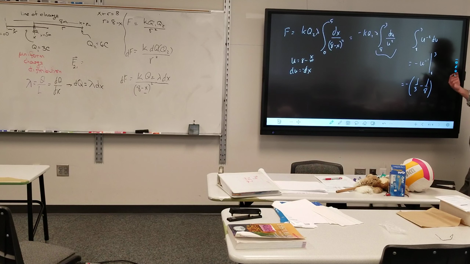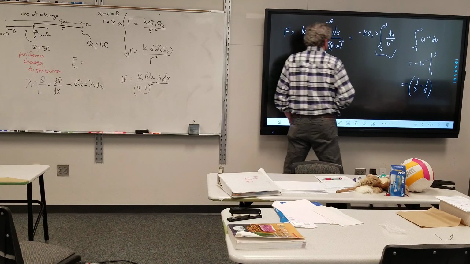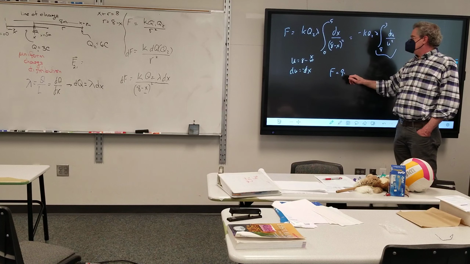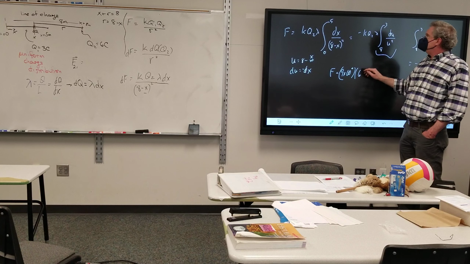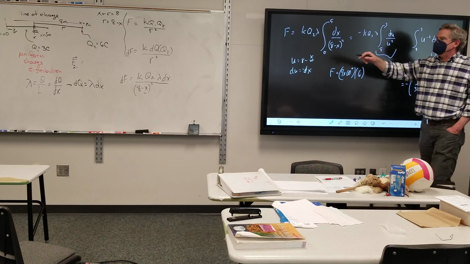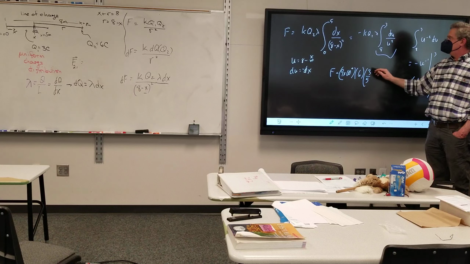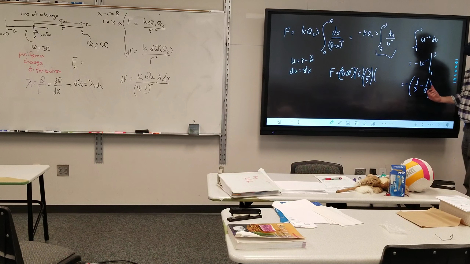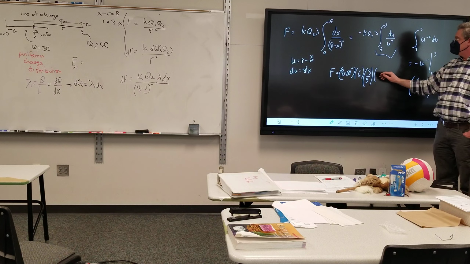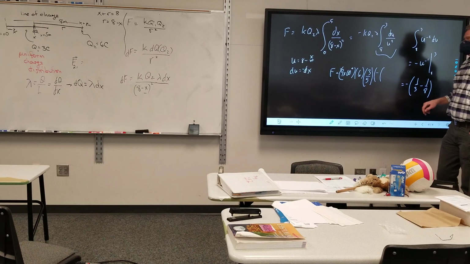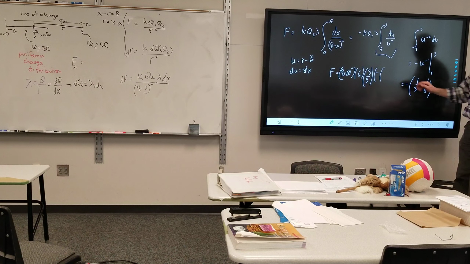Whatever that is. All right, so the force is equal to k, 9 times 10 to the 9th, times Q2, which is 6, times lambda, which is Q over L, that is 3 divided by 5, times this integral right here, but there is a minus sign there.